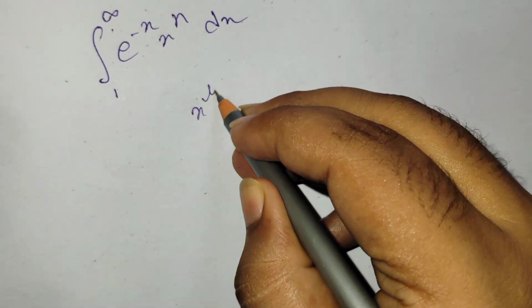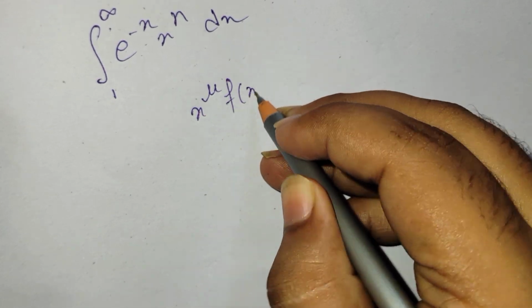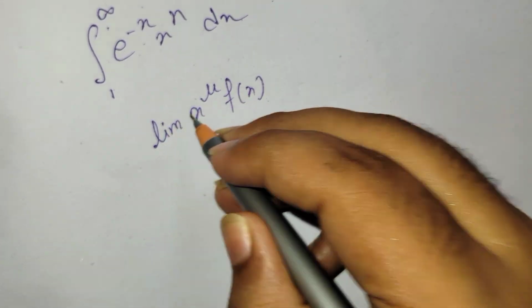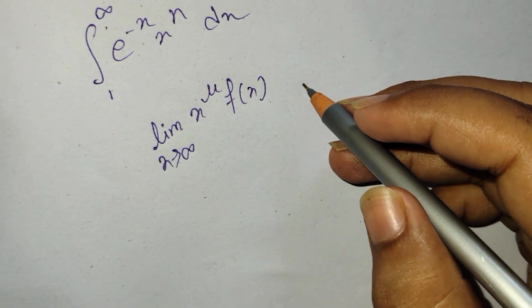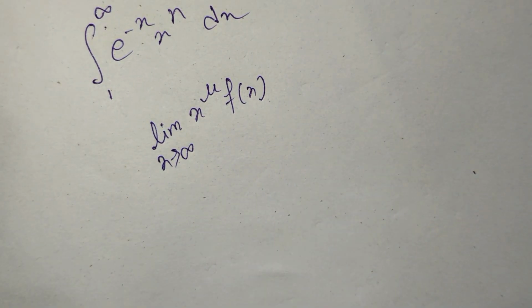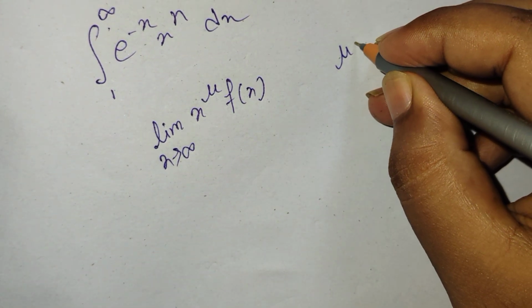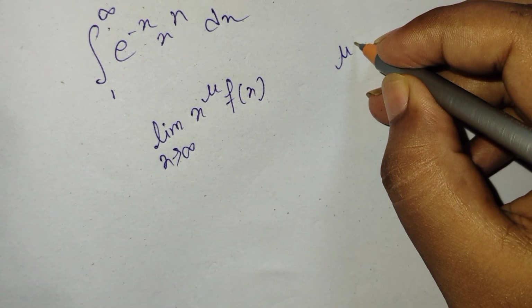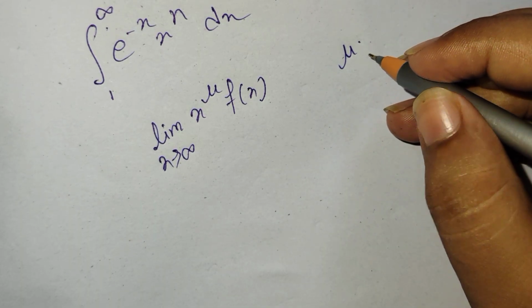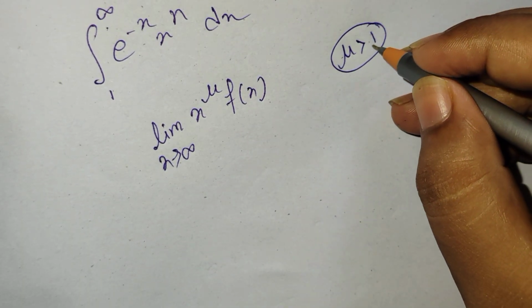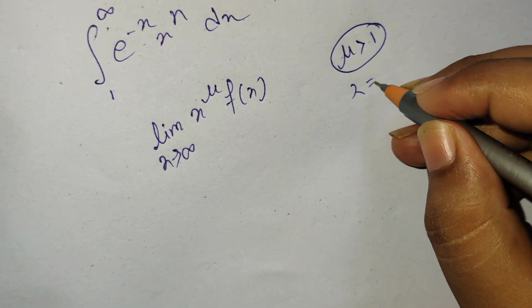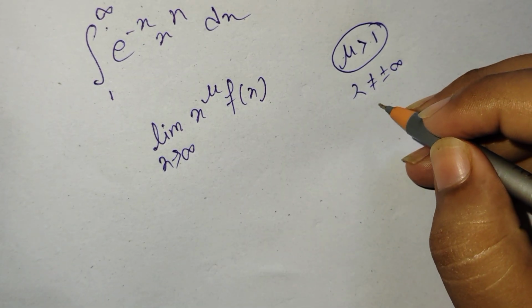In that case, we have to take mu, but be careful. We have to choose mu in such a way that the limit as x tends to infinity will exist. The limit existing means we have to check the convergence. We are using a simple rule: if mu is greater than 1, and lambda is not equal to plus or minus infinity, then the integral will converge.